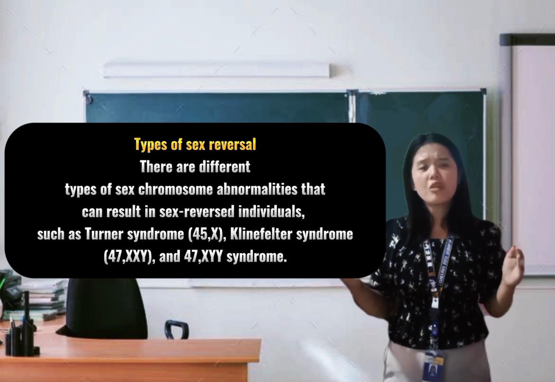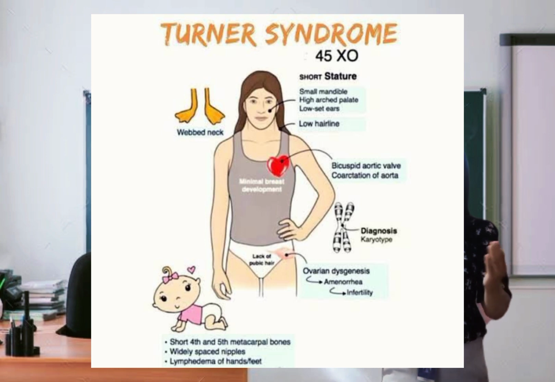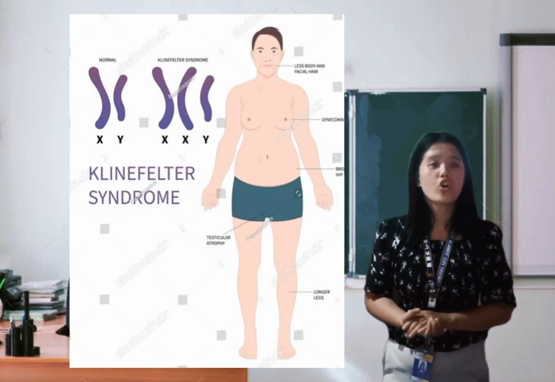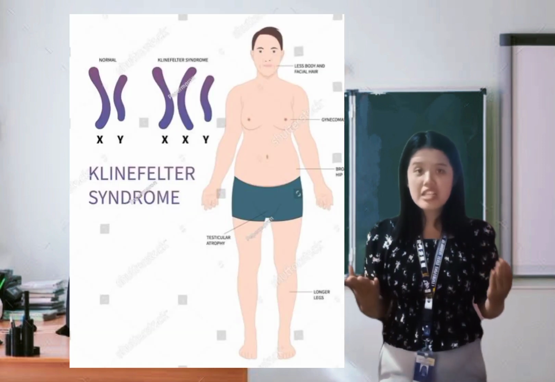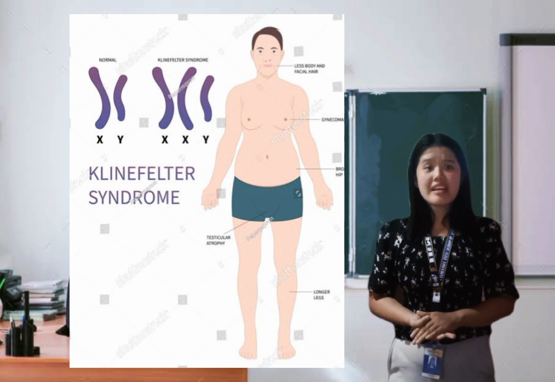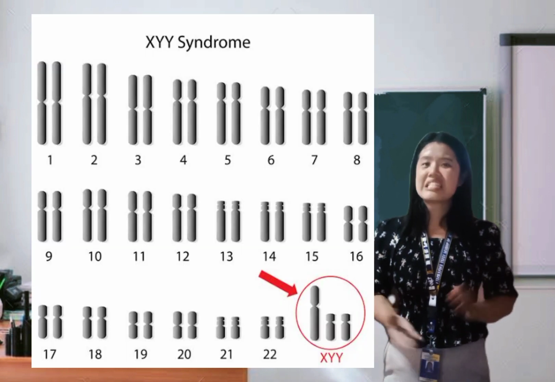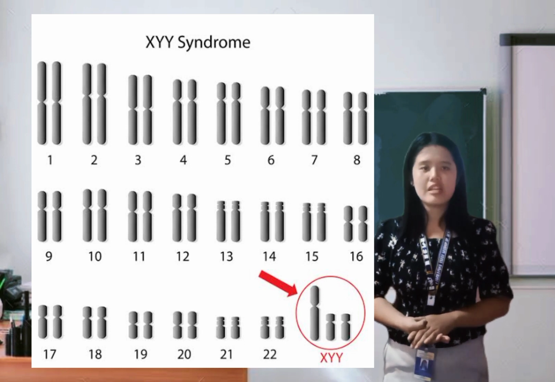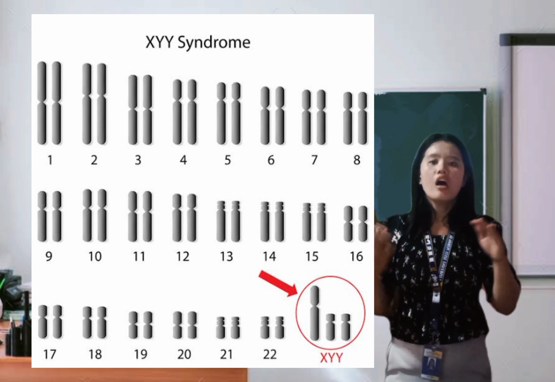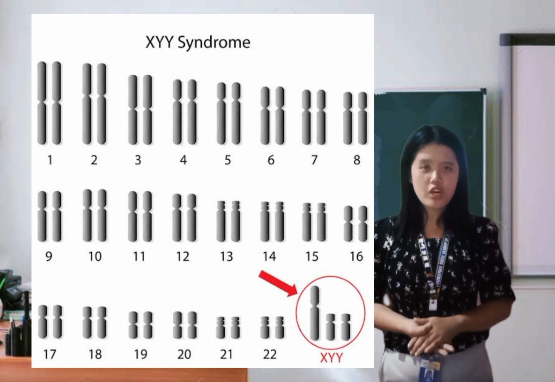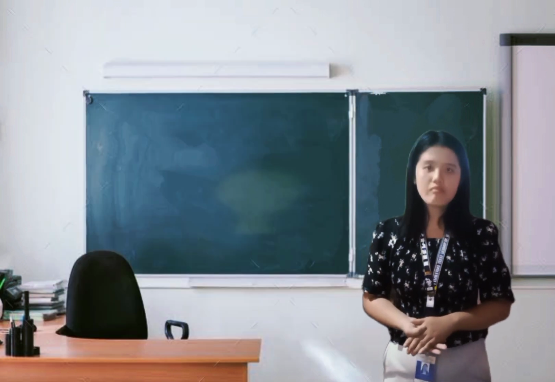Turner syndrome occurs in females and is characterized by the absence of one of the two X chromosomes. Klinefelter syndrome occurs in males and is characterized by the presence of an extra X chromosome. 47XYY syndrome occurs in males and is characterized by the presence of an extra Y chromosome.